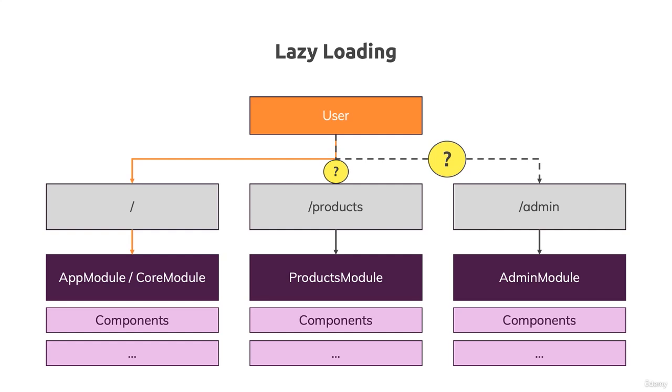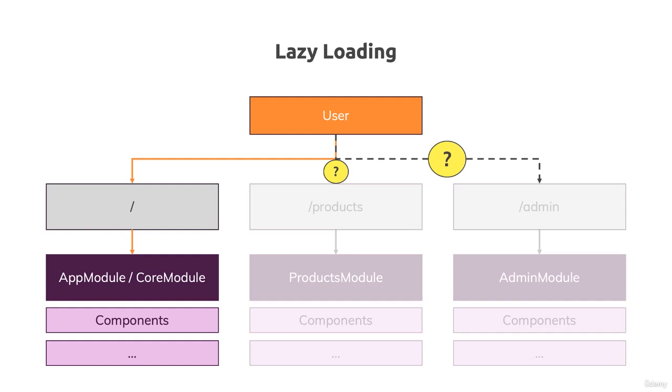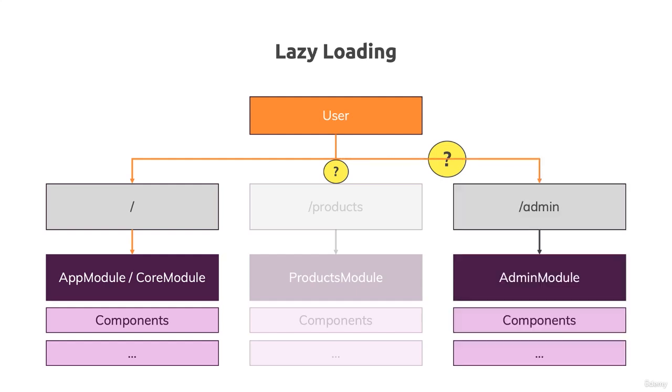With lazy loading, we initially only load our root route content, so only the app module code and the code of all the components that are registered there, and we don't load the other modules. And only when we visit another module, like the admin module, so the admin route here, we load the admin module code and the code of all the components that belongs to that module.